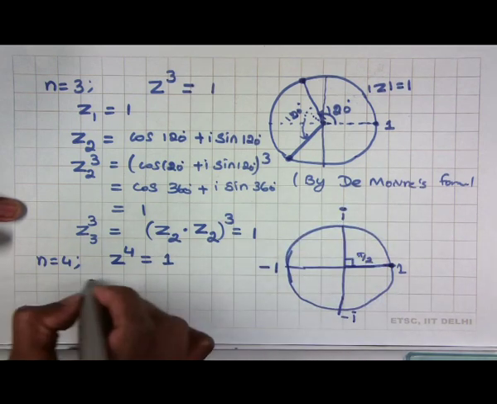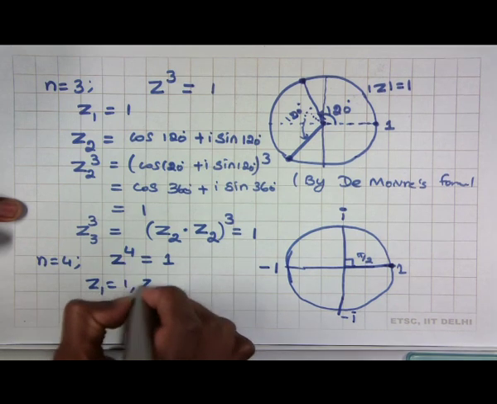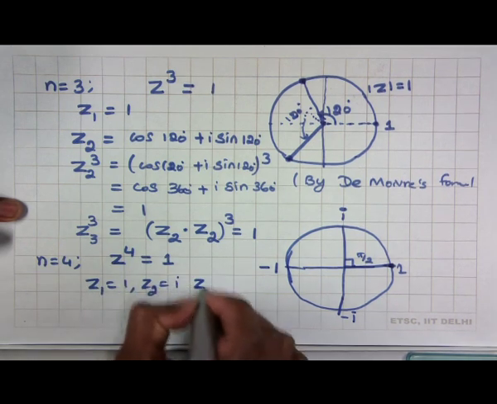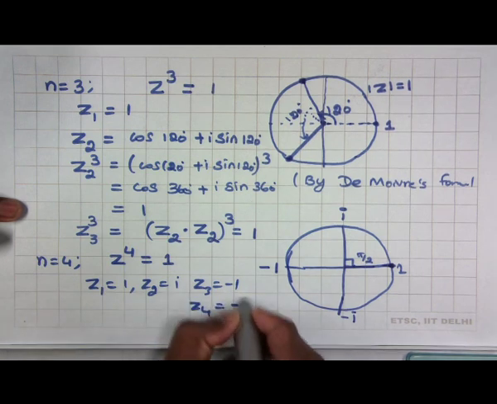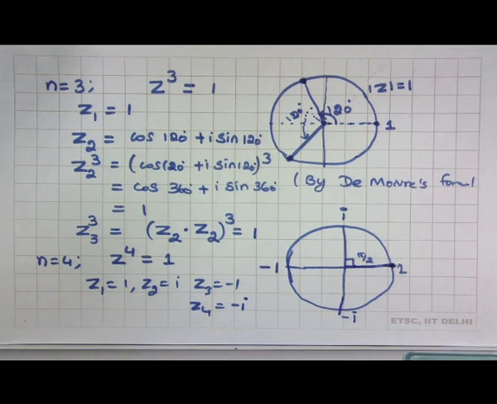So, here we see that Z1 is 1, Z2 is I, Z3 is minus 1, Z4 is minus I. Now, whatever we observed till now, let us write it as a general frame.